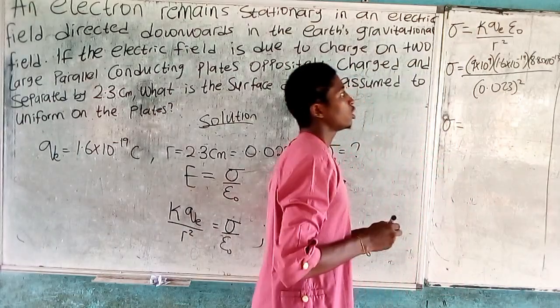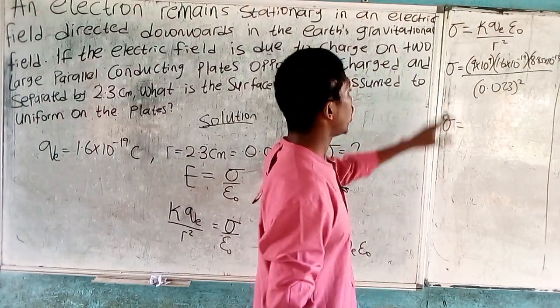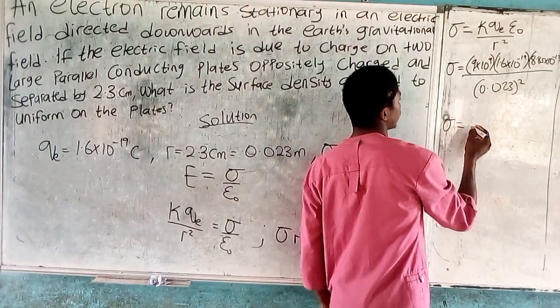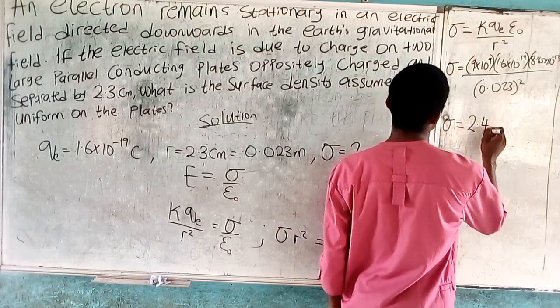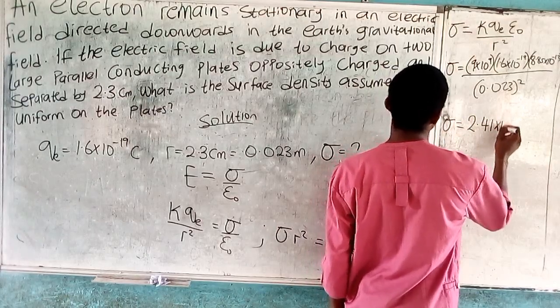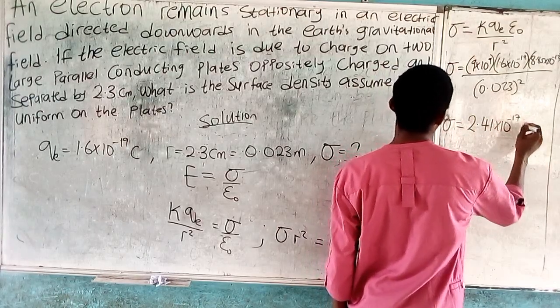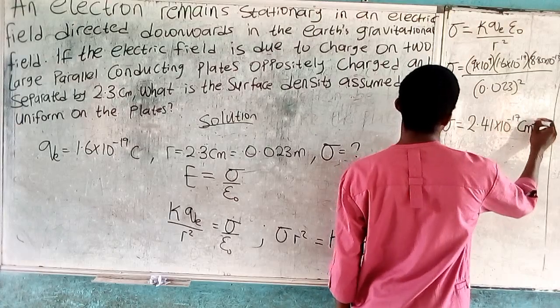And if you do the calculation, that will give you something like 2.41 times 10 to the power of negative 17 coulomb per meter squared.